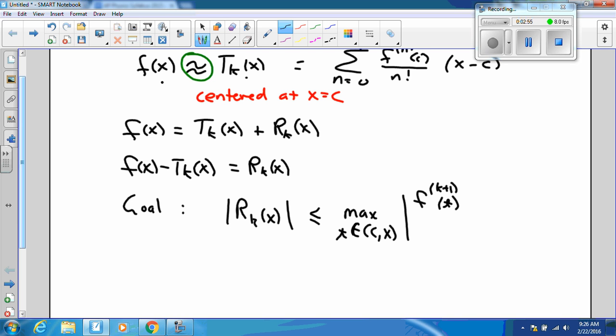So really what we're going to do is to go on the interval from c to x, and search through for the t that gives us the largest value of the k plus 1th derivative. And then we're going to take that value, and let me actually write it like this.